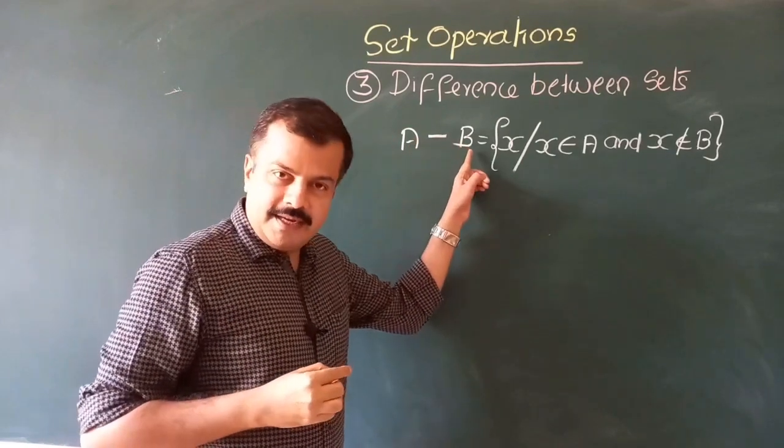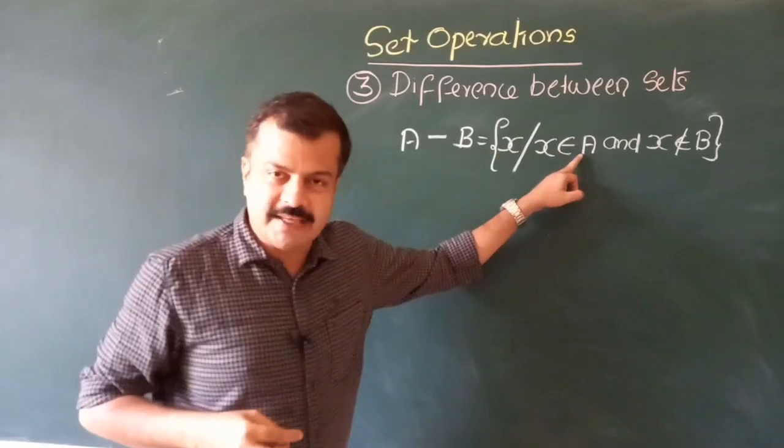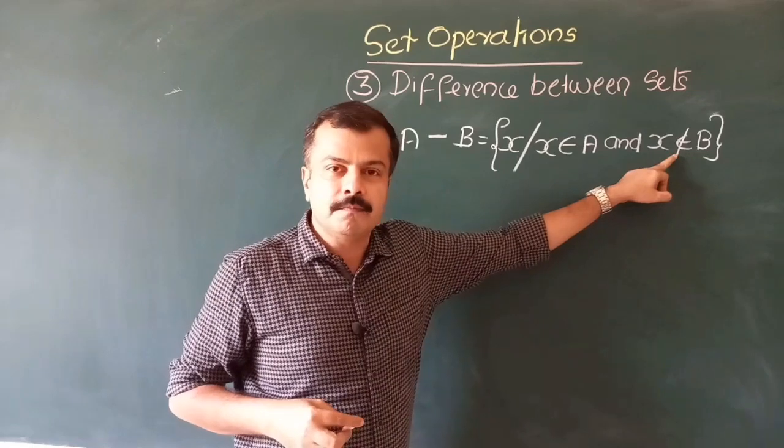A minus B consists of all those elements that belong to the set A but do not belong to the set B.